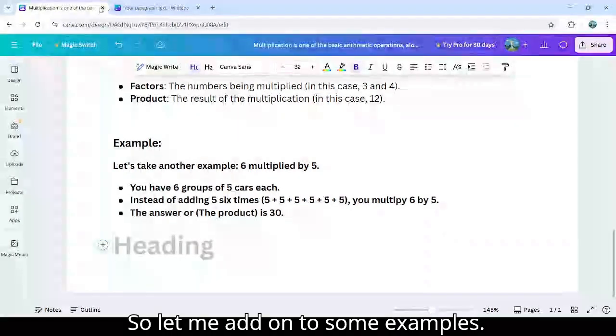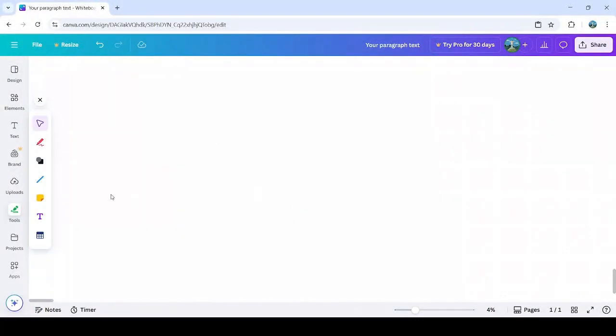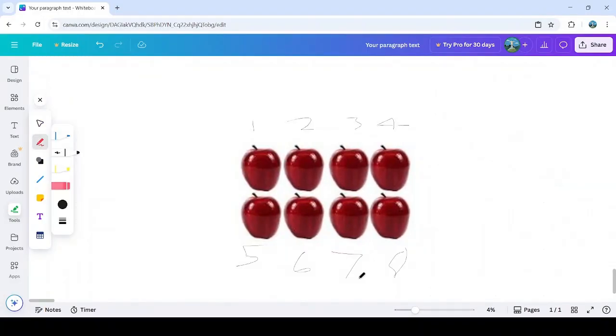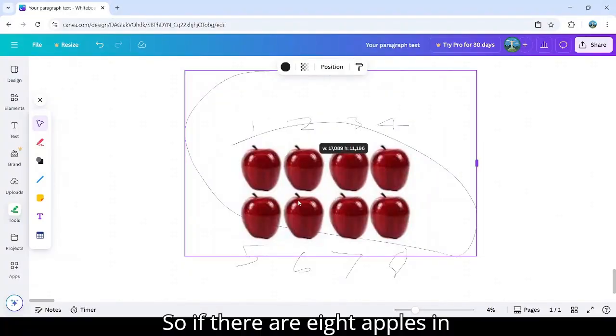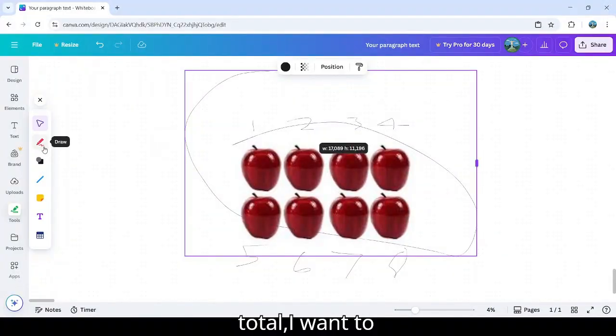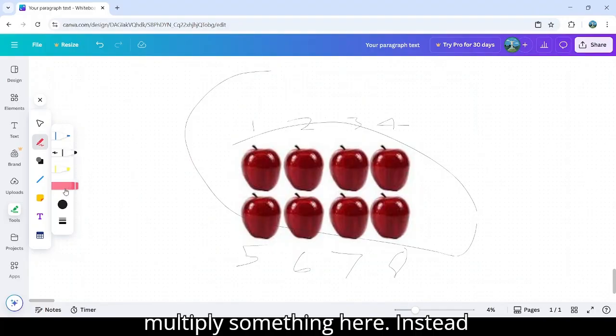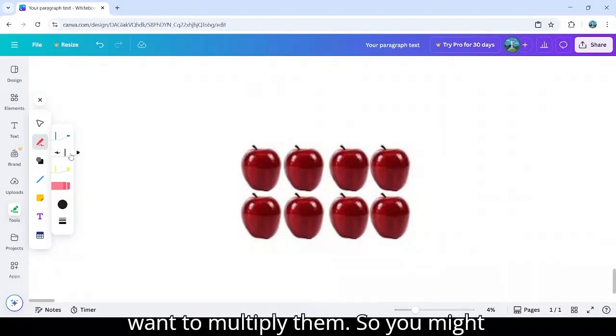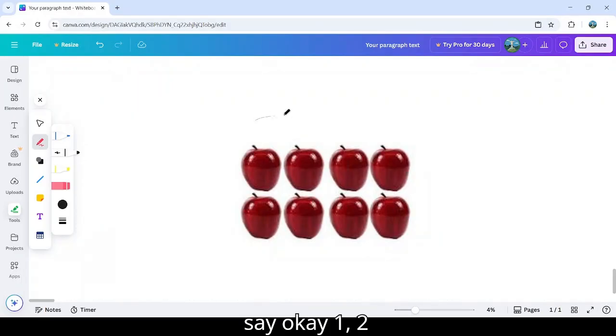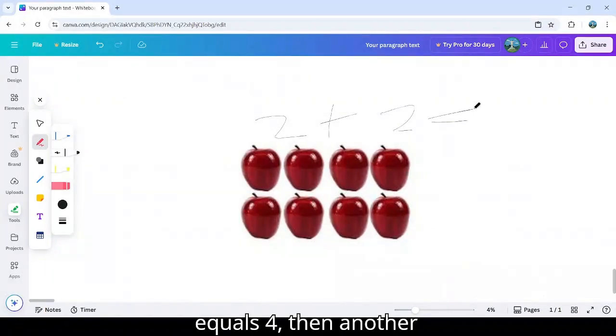So let me add on to some examples. There are 8 apples in total. Instead of counting all these 8 apples, I want to multiply them. You might say, okay, 2 plus 2 equals 4.